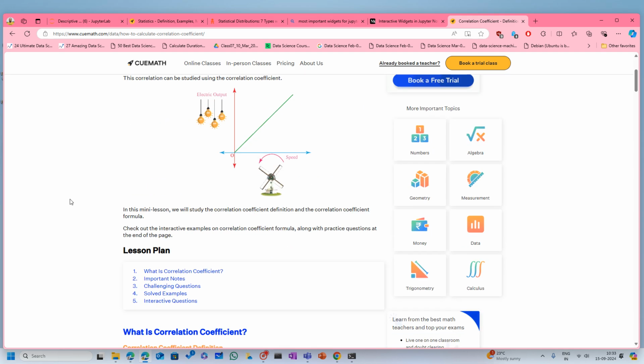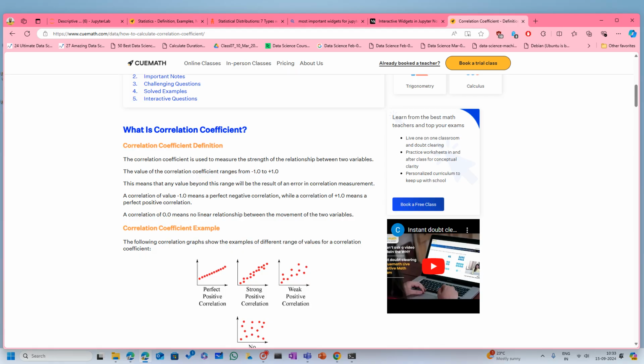Correlation means the relationship between two different features. You take any two variables, they will exhibit some sort of relationship between them. That is called correlation.